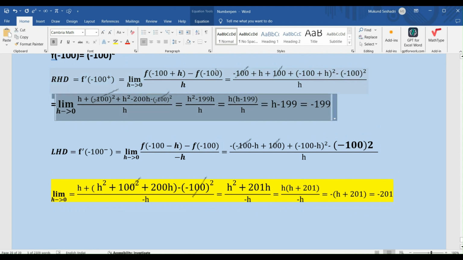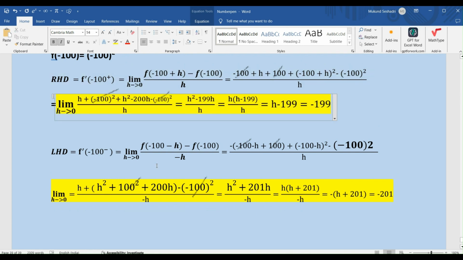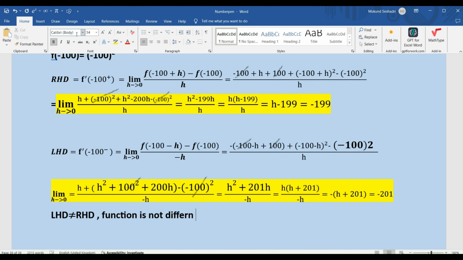We saw that it is a minus 199, right? So LHD very clearly does not equal RHD, right? The function is not differentiable at x equals minus 100.